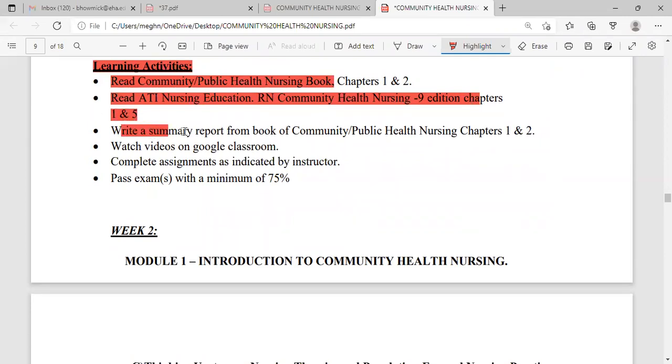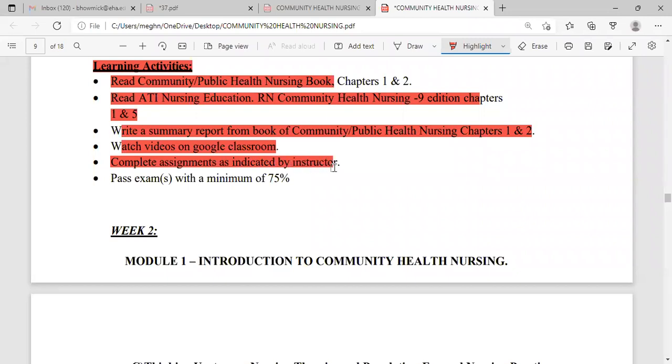Also write the summary report from the book, community public health nursing chapters 1 and 2. Watch the videos on Google Classroom, complete the assignment, right, as indicated by the instructor. Also, you have to sit for an exam or quiz and pass the exam with a minimum of 75%.